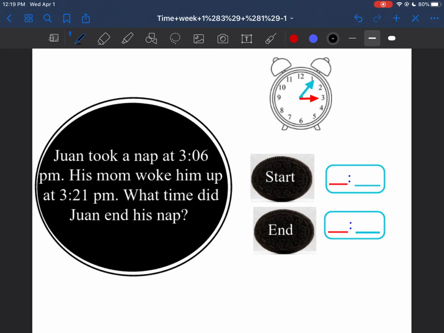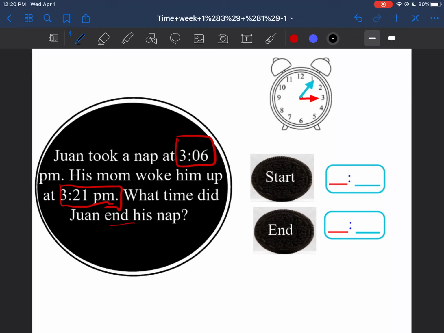Juan took a nap at 3:06 p.m. His mom woke him up at 3:21 p.m. Well, that was a short nap. What time did Juan end his nap? All right, so in this problem, Juan is taking a nap. That is the activity that he's doing. Do we know what time Juan starts taking his nap?